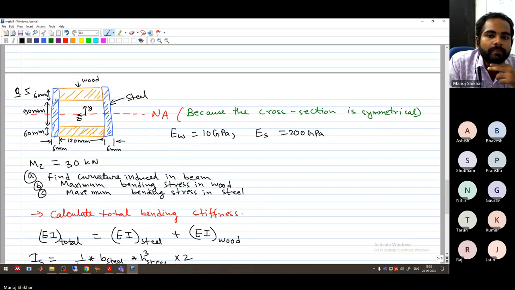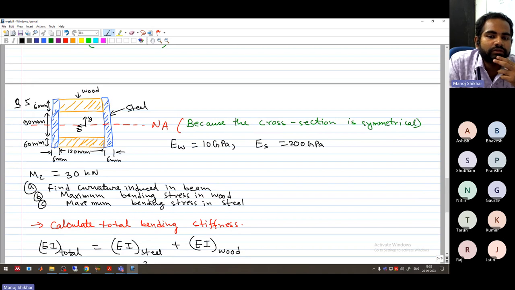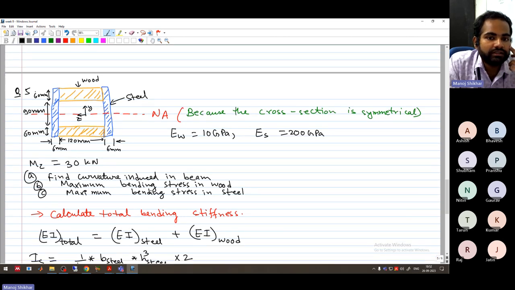Here to calculate the total I of wood, you can follow two different methods. One is you can calculate the I of wood about its own centroid, and you can use the parallel axis theorem. Or we can consider that we have two cross sections, the complete cross section and the inner one, and we are subtracting this part from that.